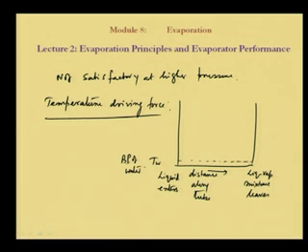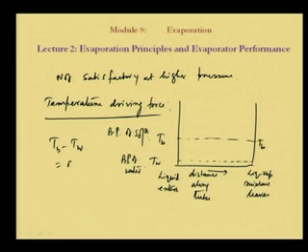And this is Tb, the boiling point of the solution. So that means Tb minus Tw is the boiling point elevation.